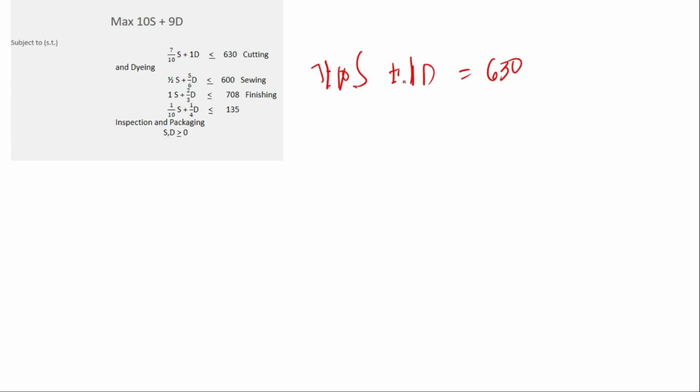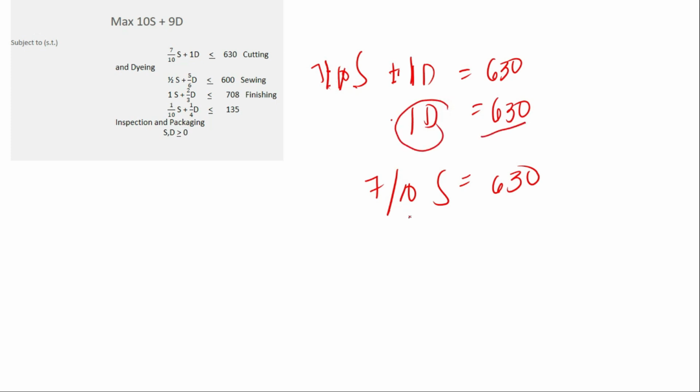Here, class, 1D is already equal to 630, and for 7/10 S equal to 630, let's get the reciprocal of this number and multiply it by 10 over 7, so it cancels out. So S for the standard is 630 times 10 over 7.